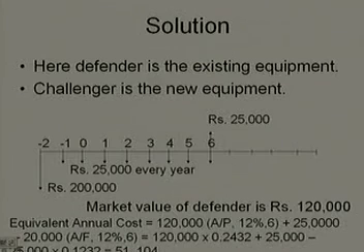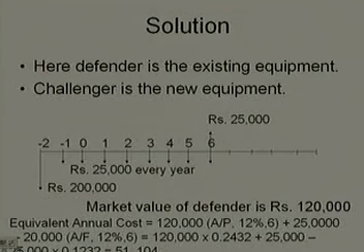So, at -2 you bought it at 200,000, and every year it is costing you 25,000 rupees as part of operating and maintenance cost. At the end of year 6 from now, you are likely to get rupees 25,000 as salvage value.